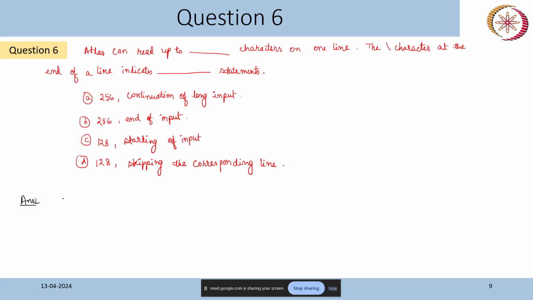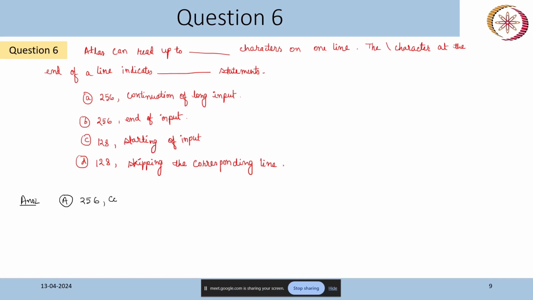So the answer here is A. 256 characters. Atlas can read up to 256 characters in one line, and if the line is long, then the slash is used as a continuation of long input statements.